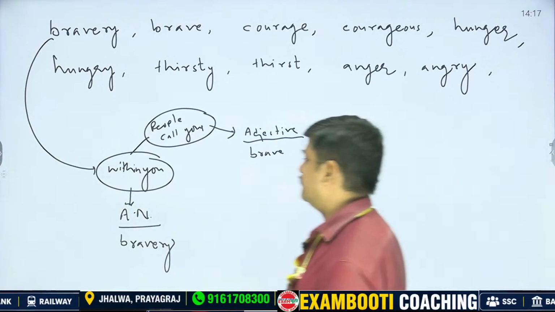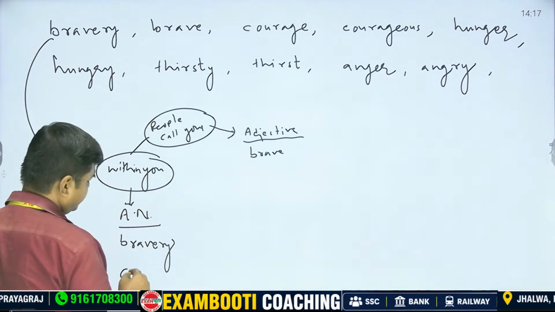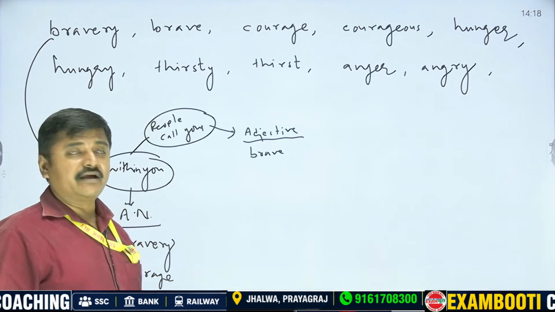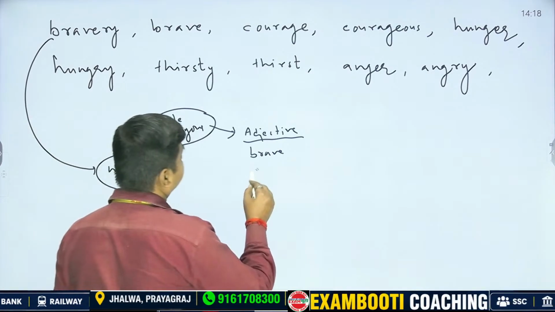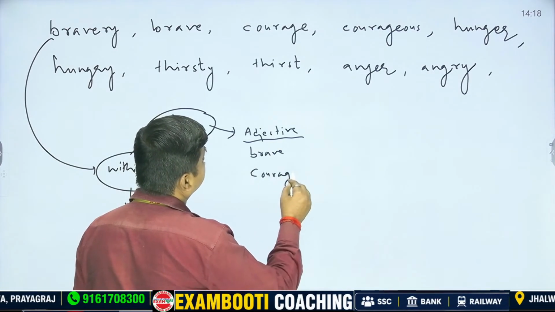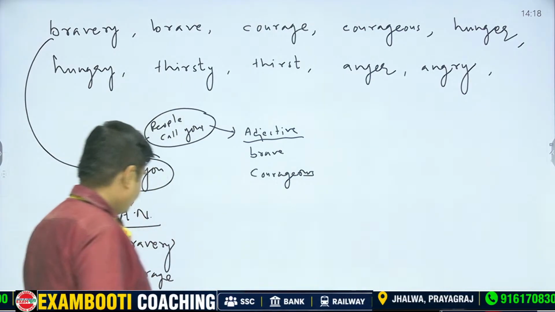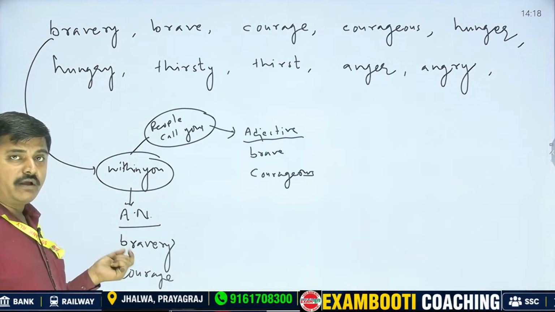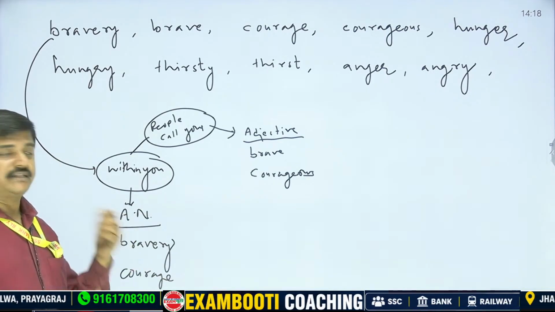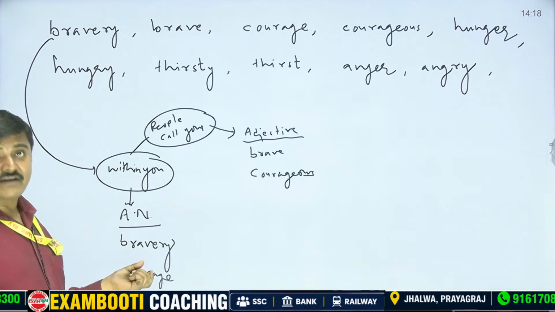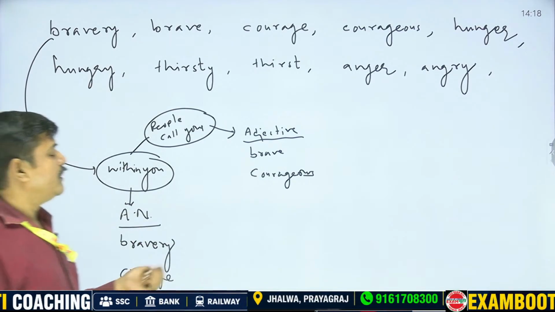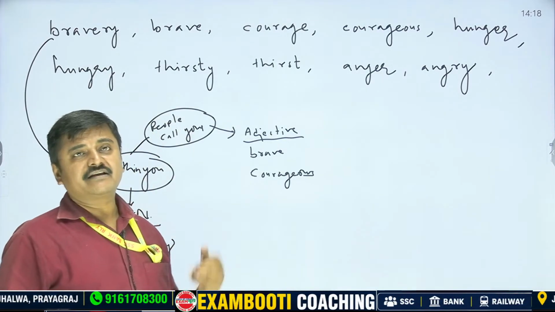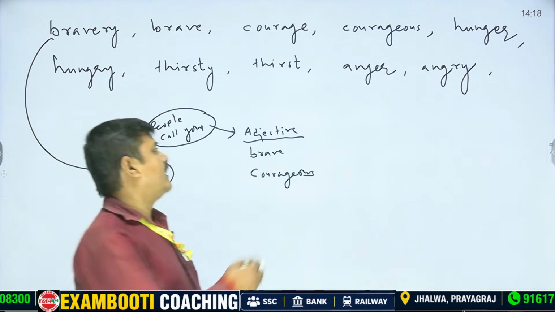You will have courage, and then people will call you courageous. Those qualities that are within a person, place or thing are regarded as abstract nouns. So courage is an abstract noun, and brave and courageous are adjectives.